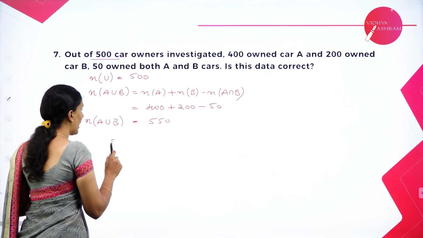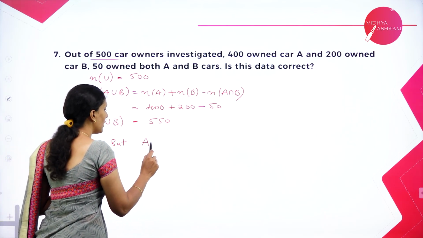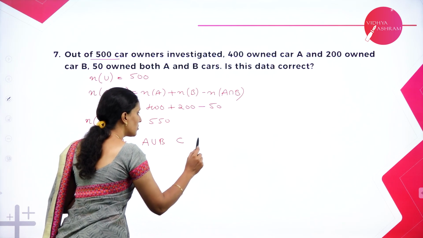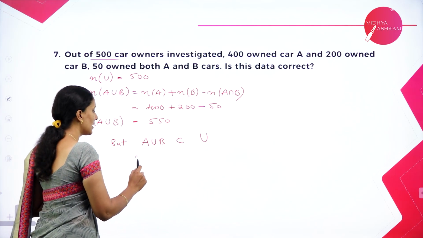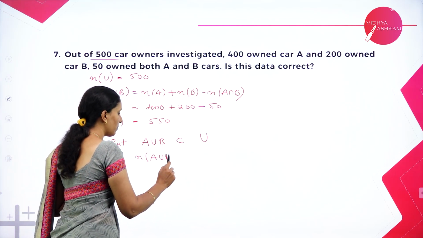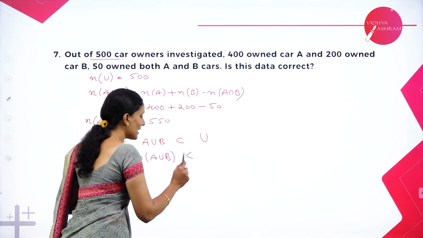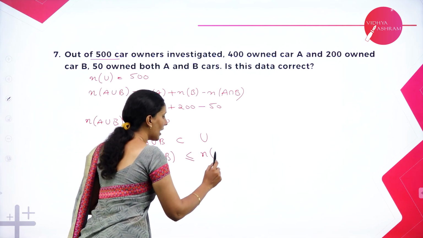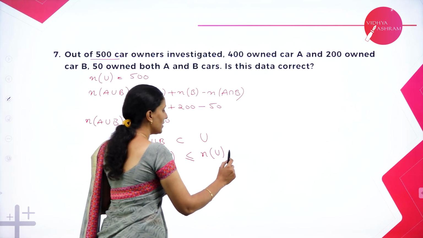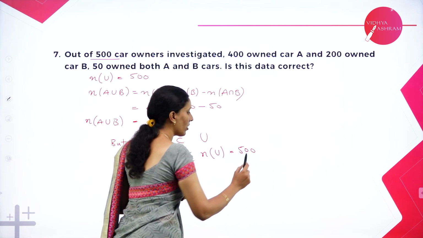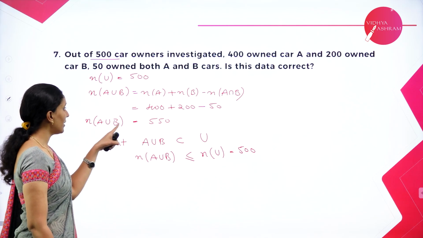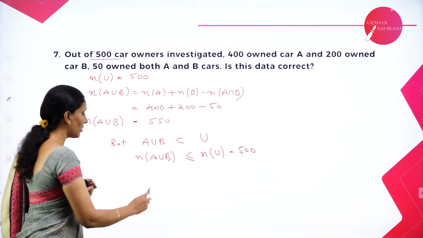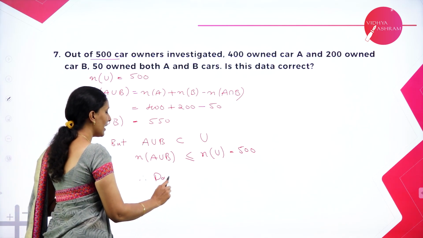But we know that A union B is a subset of the universal set. That means the cardinality of A union B must always be less than or equal to the cardinality of the universal set, so it should be less than or equal to 500. But here it is greater than 500. So therefore, the data given is incorrect.